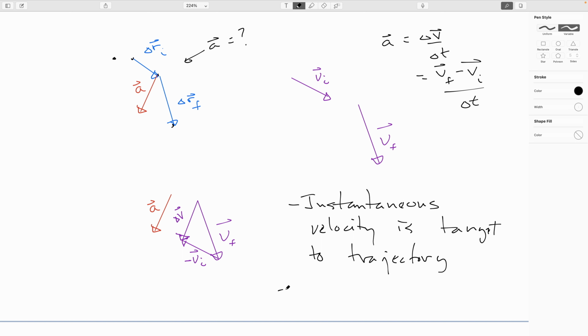But, as we just saw, the acceleration can point any which way, say in different directions.